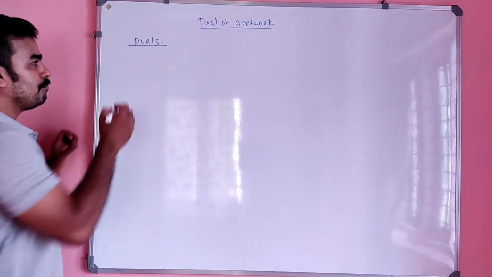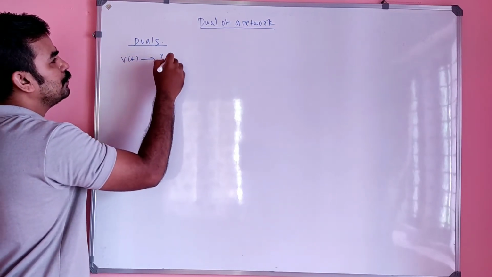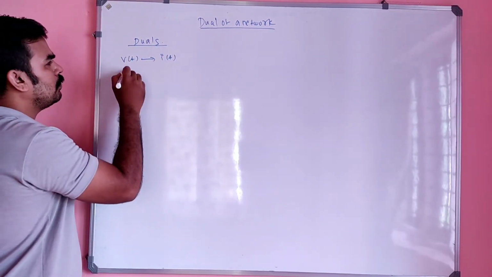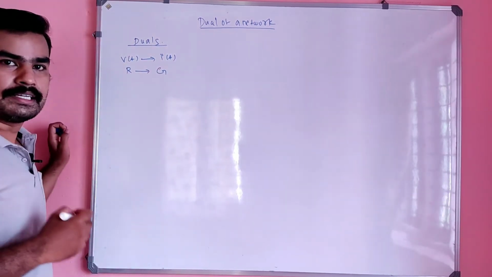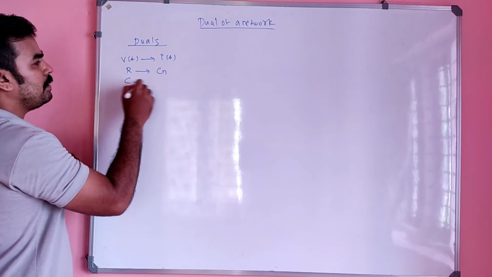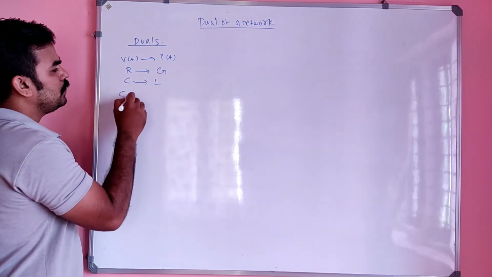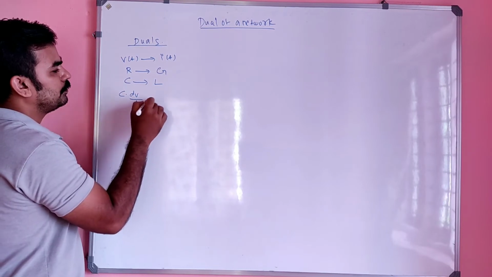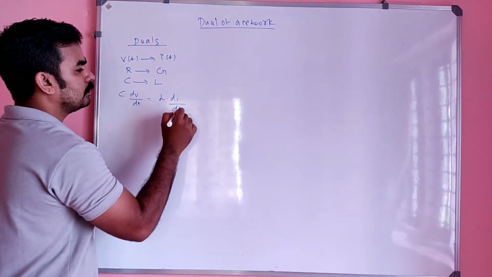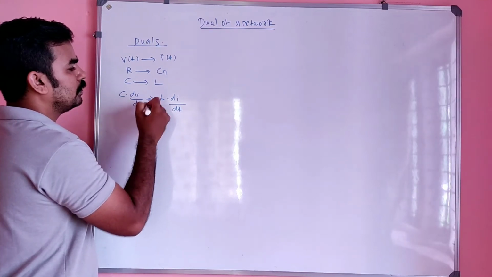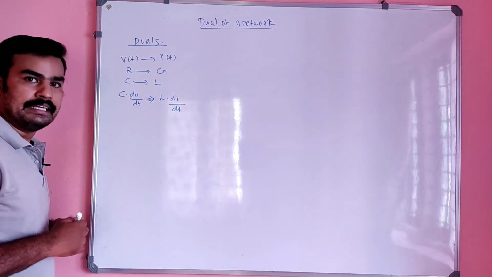So dual of V of t will be equal to I of t. Dual of R will be equal to G. G is nothing but conductance, right? Dual of C will be equal to L. Dual of C into dV by dt equal to L into dI by dt.